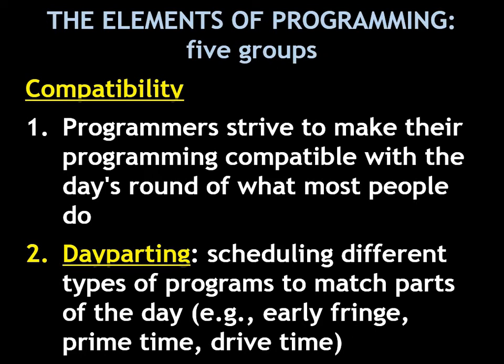So in other words, it's trying to match up the scheduling of various programs based on where their audience is at, whether they're available to consume the content, how they're consuming the content, in what manner.